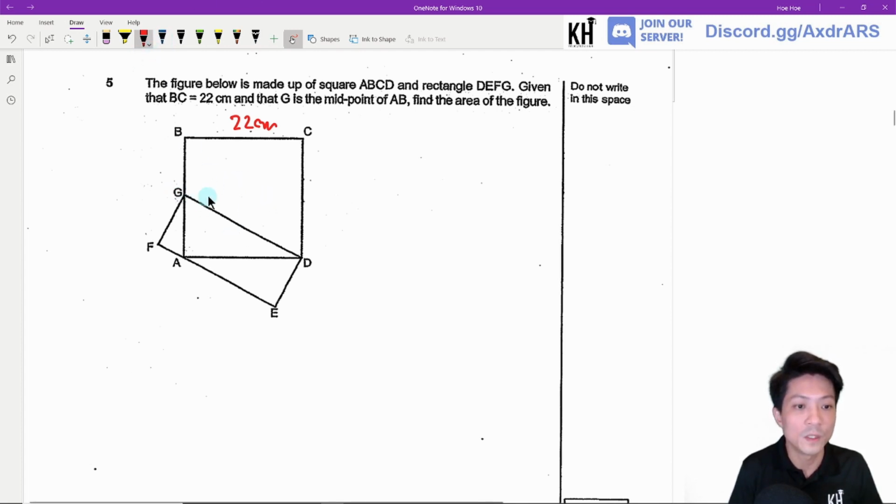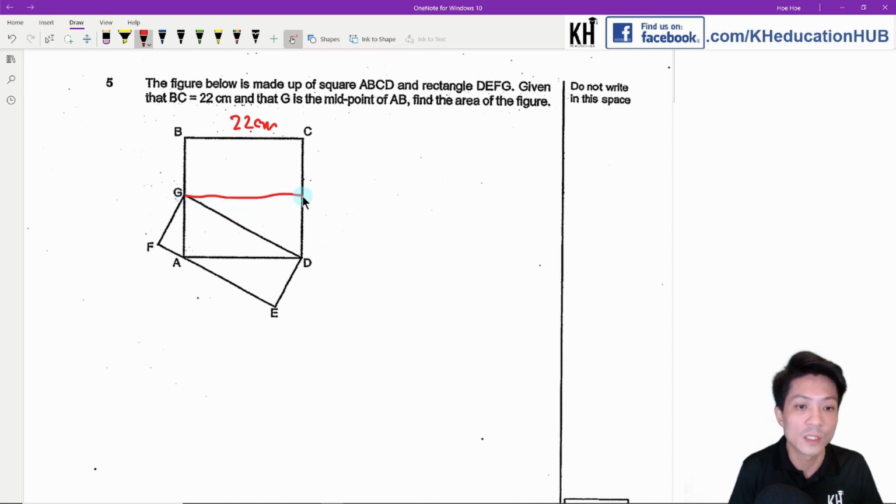So the first thing we need to realize is that if we were to draw a horizontal line over here, which is parallel to both AD and BC, and cut it into equal triangles like this.